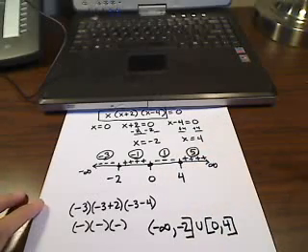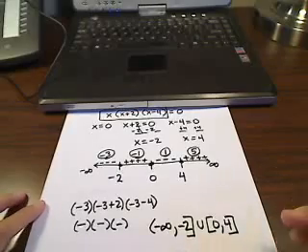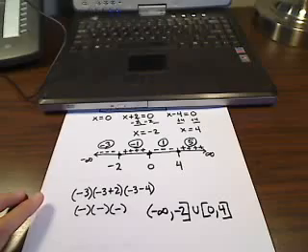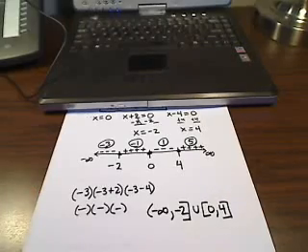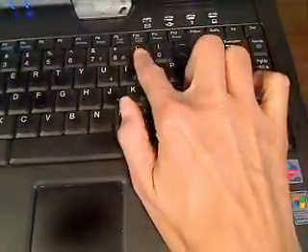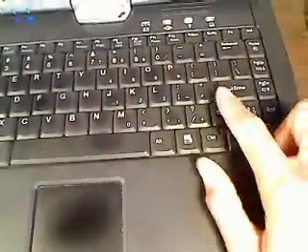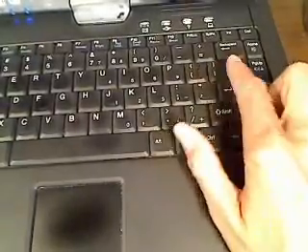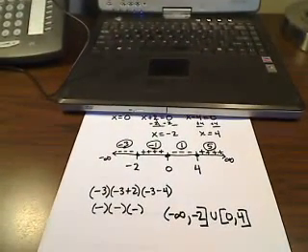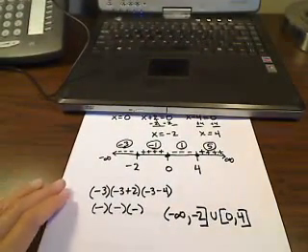Now when you go to enter this into the computer, and that was part of what the question was on, you can use the buttons that are on your computer's keyboard. I'm going to go into my computer keyboard. You can use these two buttons for the parentheses and these two buttons for the brackets if you want. That will work. It will also work if you use the buttons on the program.